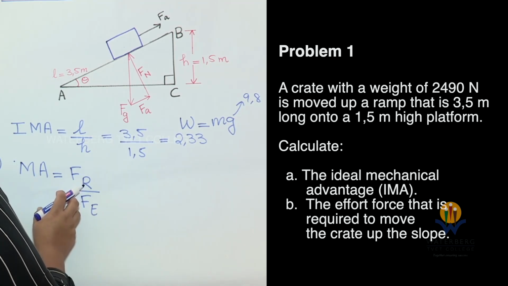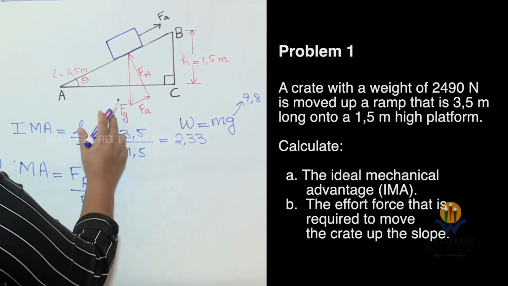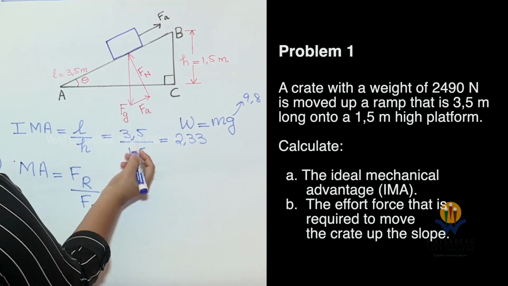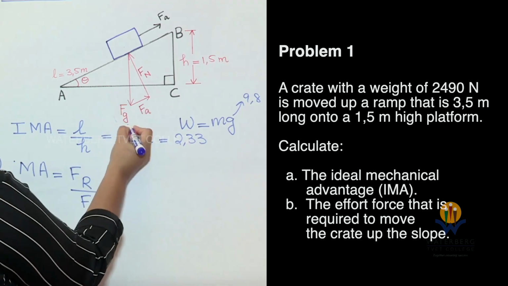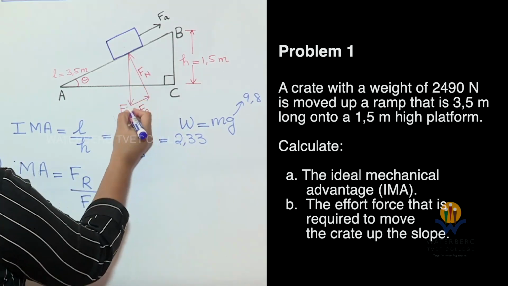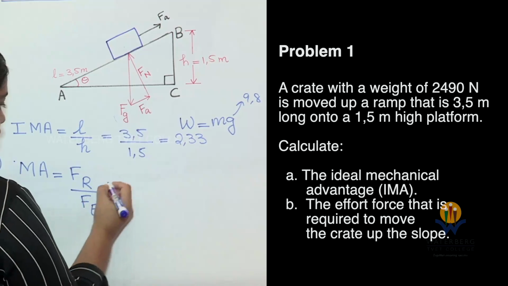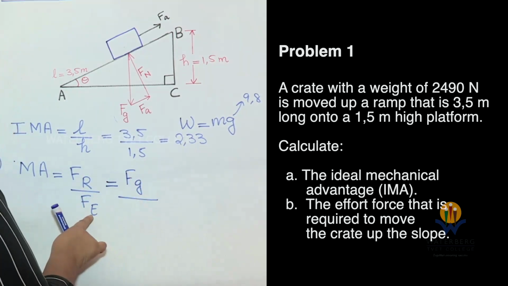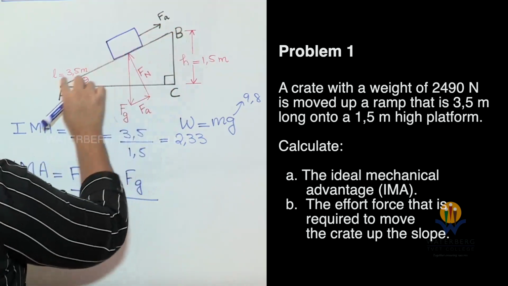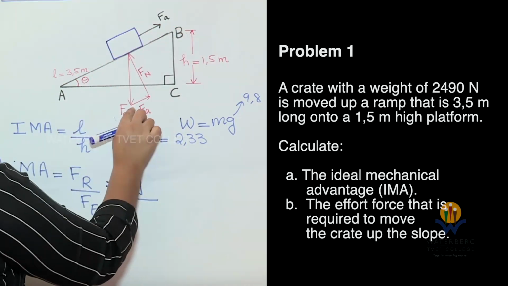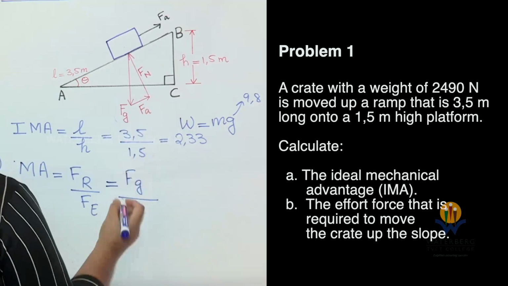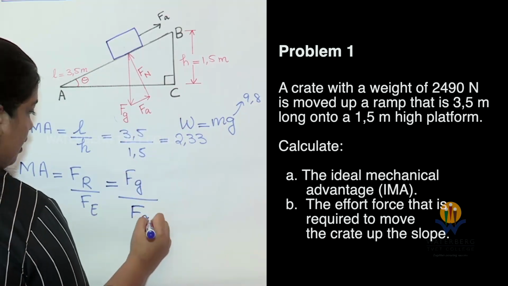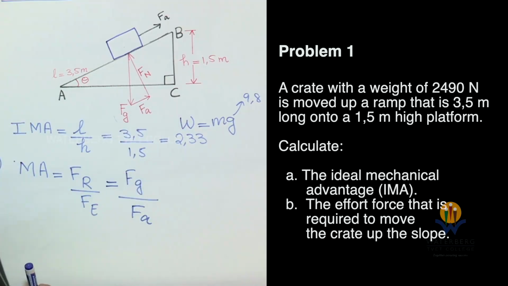We can replace resistance force by Fg, because resistance force is the load force, the perpendicular force, which is Fg. The effort is through the incline, and that is Fa. So we replace it as Fg over Fa.